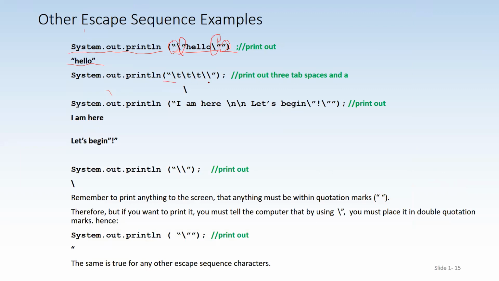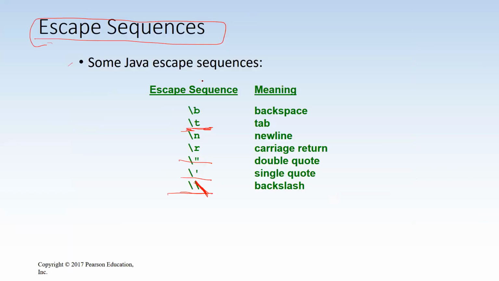Okay, this prints out a tab, another tab, another tab, and a backslash. Remember, backslash needs to be escaped also. Backslash, backslash. That's how you print out the backslash. An easier way is simply to remember, if you want to print out a tab, this is the 2 characters you must use.